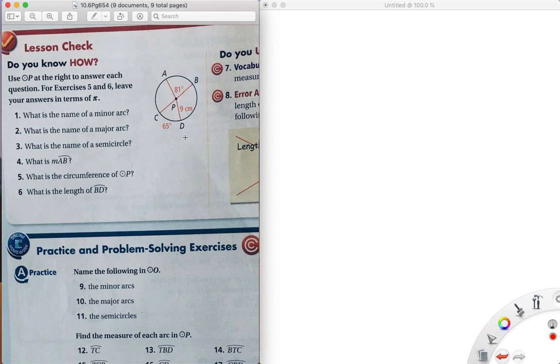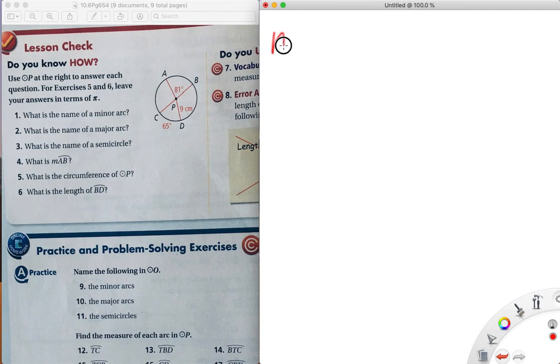We could do it in a couple of ways. I know that CB is a semicircle, so I know that arc CB is 180 degrees.